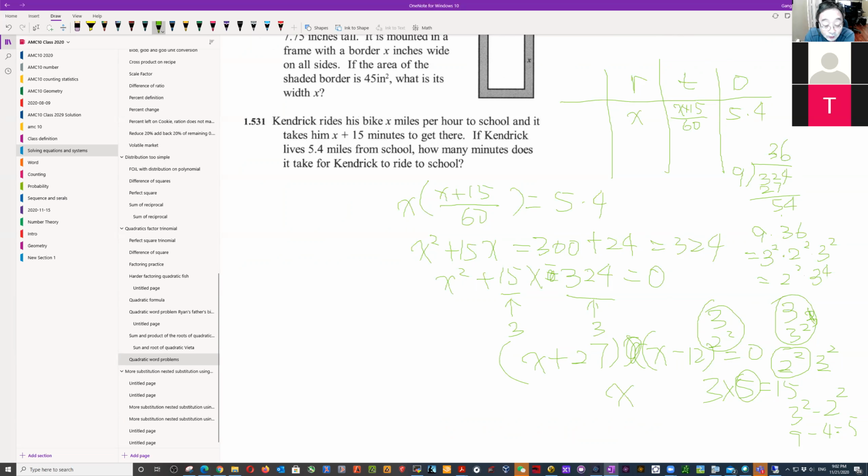So basically, x equals 12, because we are seeking the positive solution. If it is x plus 27, it's negative 27. It wouldn't make sense.